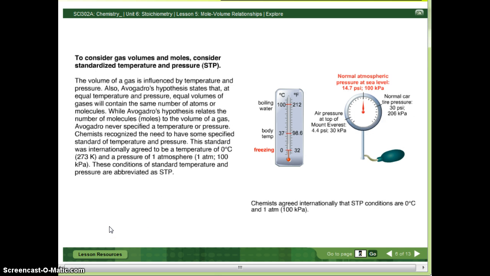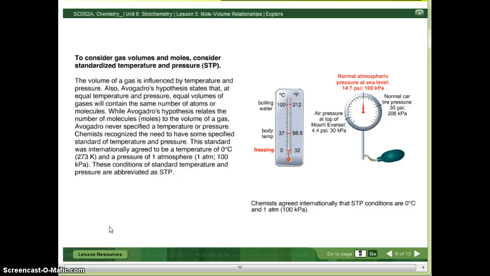To consider gas volumes and moles, consider standardized temperature and pressure, or STP. The volume of a gas is influenced by temperature and pressure. Also, Avogadro's hypothesis states that at equal temperature and pressure, equal volumes of gases will contain the same number of atoms or molecules.